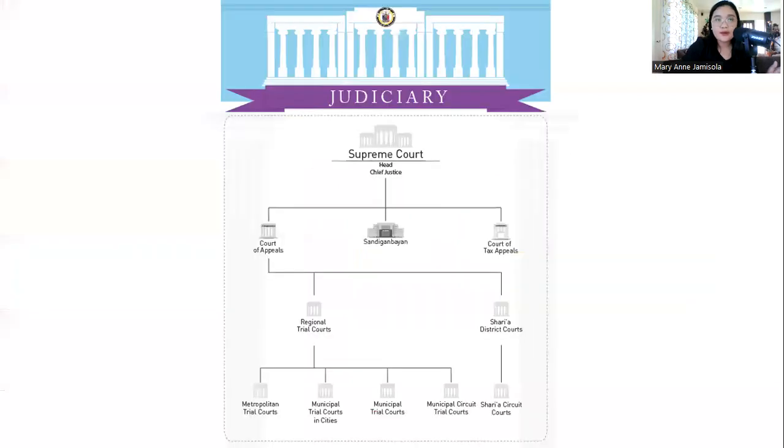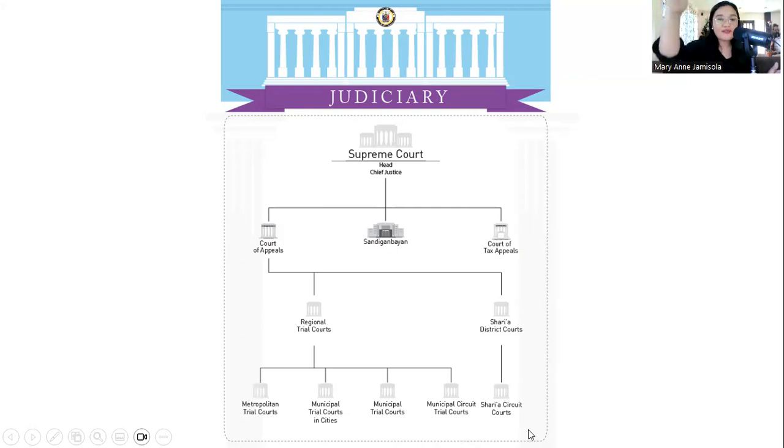Okay, so this is the judicial hierarchy. At the bottom, you would see the MTCs: Metropolitan Trial Courts, Municipal Trial Courts in Cities, Municipal Trial Courts, Municipal Circuit Trial Courts, and in some places, we have Sharia Circuit Courts. These are the lowest in our judicial hierarchy.